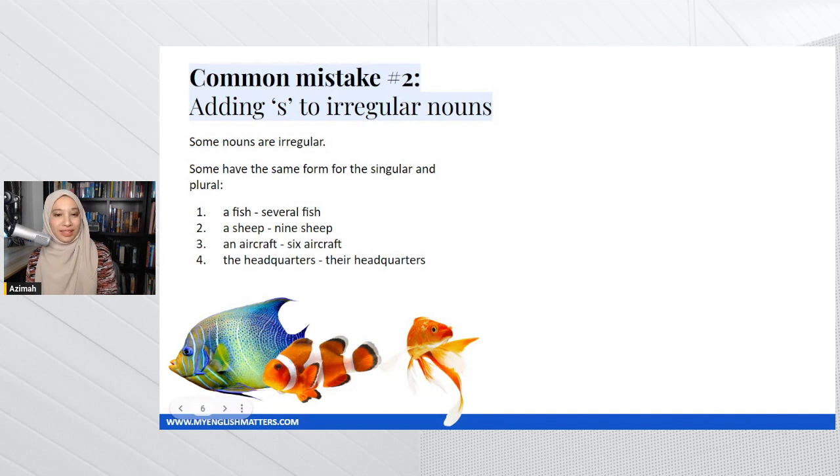The headquarters, make that into plural, their headquarters. A piece of software. So software, you don't say softwares, you can say software programs instead. So be careful with these nouns that have the same form for the singular and plural. I gave you 5 examples.